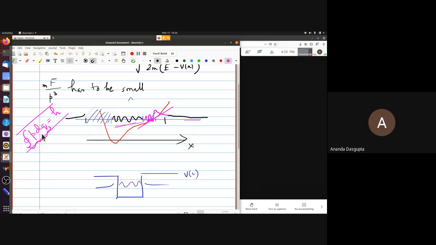Does anybody remember what that is? This may not have been covered in your classical mechanics course, but this is actually called the action, as in the action-angle variable formalism. I'm not sure whether that has been covered in your course.